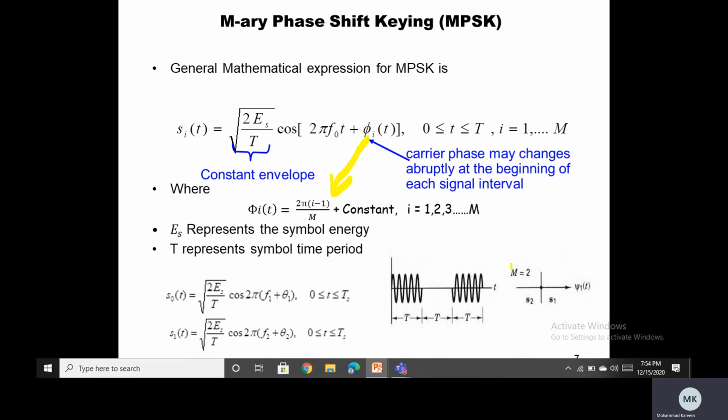And this shows the constellation of that. BPSK is the antipodal case. Only a single basis function is required to represent the two symbols, S1 and S2.